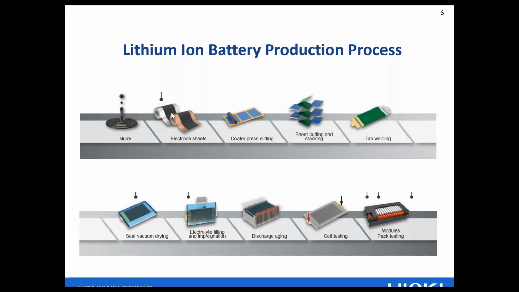There are other technologies out there that are actively researched, and various startups are working on alternative materials to get more compact form factors for the batteries. The sheets are coated and pressed, then cut and stacked. Metal tabs are welded on the cells.